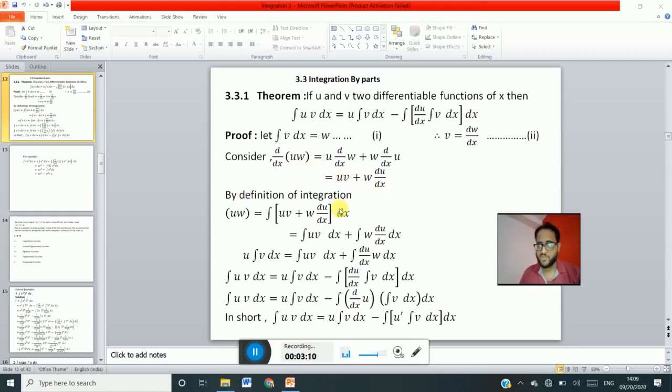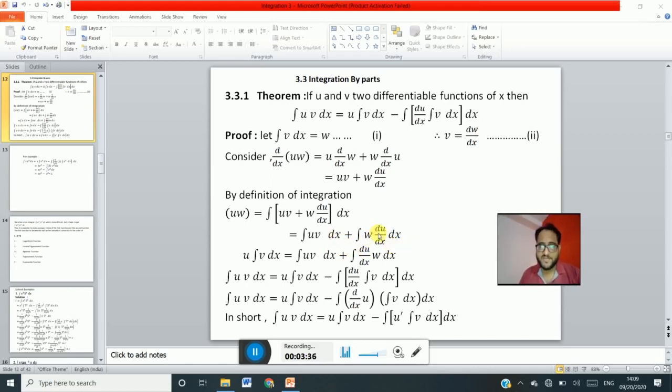Then separate the integration between these two: integration of uv plus integration of w du by dx, right?